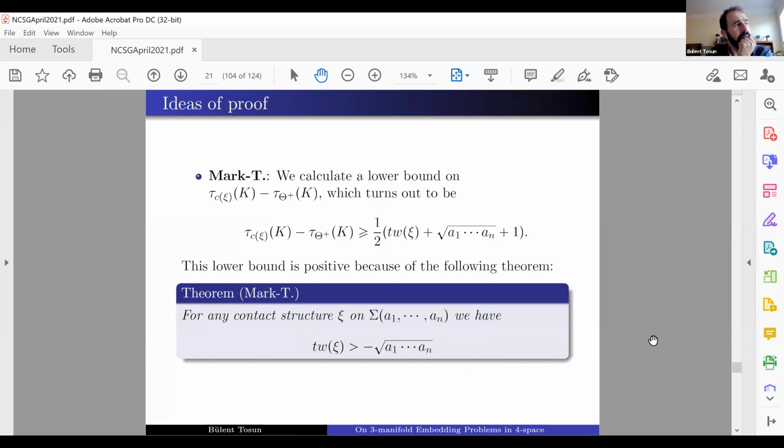What happens is that you have a splitting of your Brieskorn homology sphere into n singular fibers, which you can take as disjoint, each of them topologically just a solid torus. You can make them convex neighborhoods of the singular fibers, which you can make Legendrian.